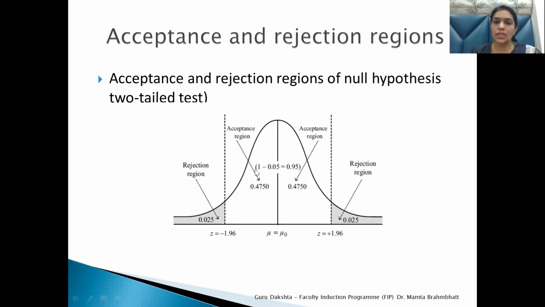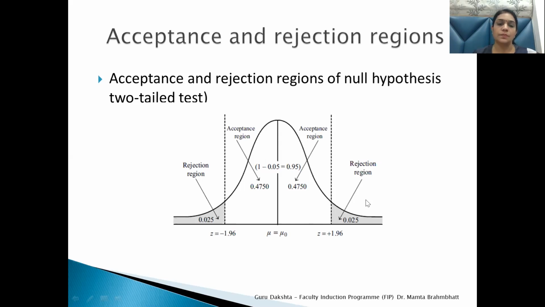These values are captured from the Z normal distribution table. If you look for the nearest value in the Z distribution, you get 0.4750. The corresponding Z score is minus 1.96 and plus 1.96. So when you have a 5% level of significance, your hypothesis will be rejected from both sides, half the percentage on the left hand side and half on the right hand side.